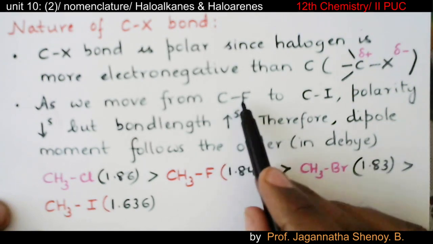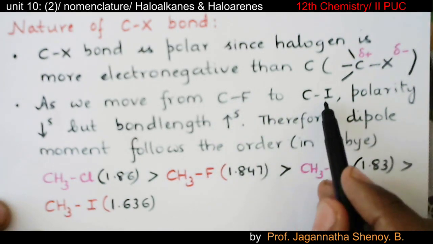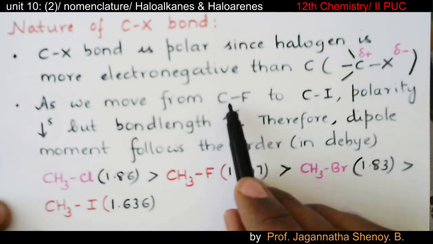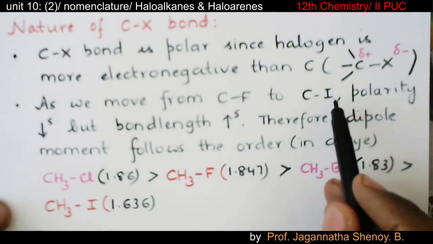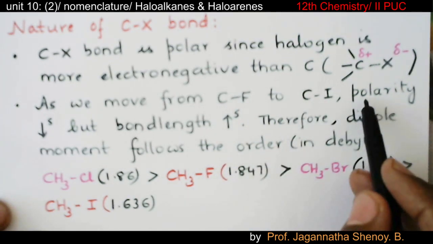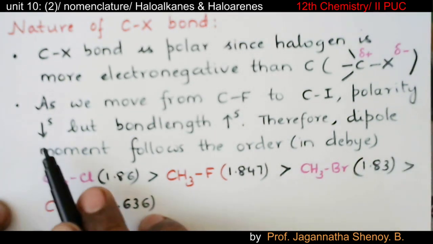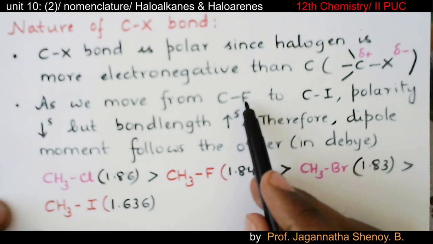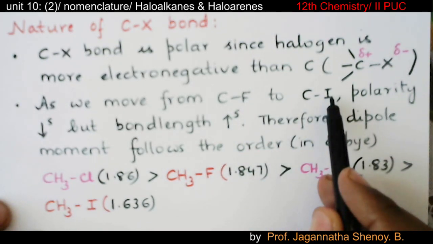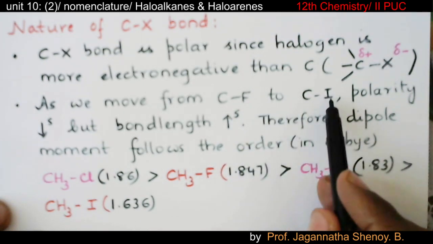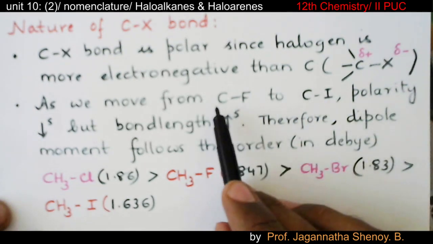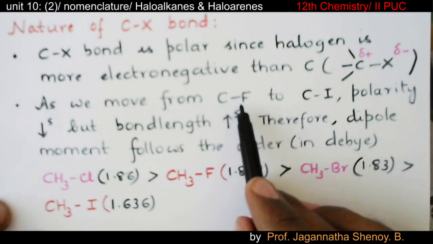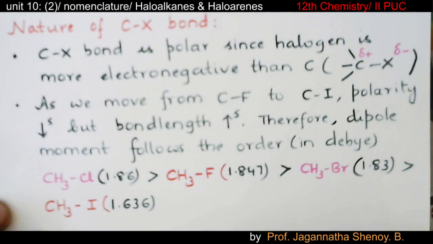So the charge keeps on decreasing as I move from the carbon-fluorine bond to the carbon-iodine bond. That's what I have written. Polarity decreases. But as I move from fluorine to iodine, the size increases. Whenever size increases, what should happen to bond length? Bond length should increase.